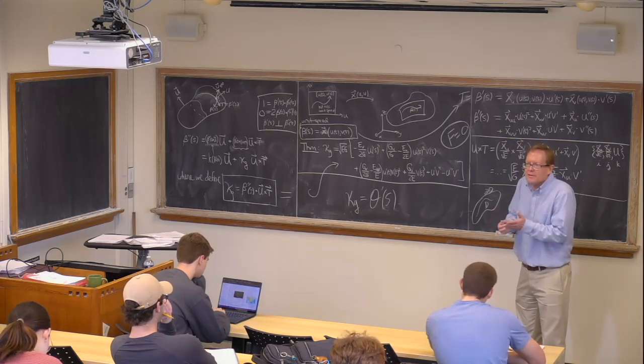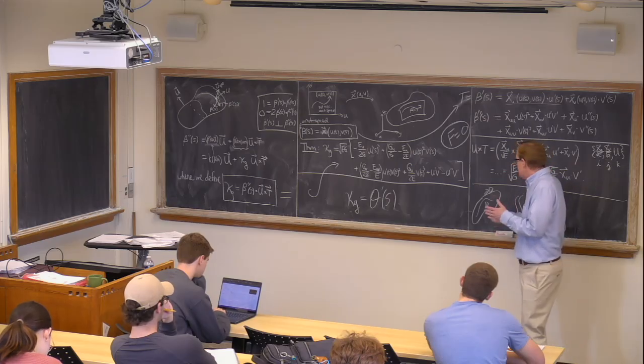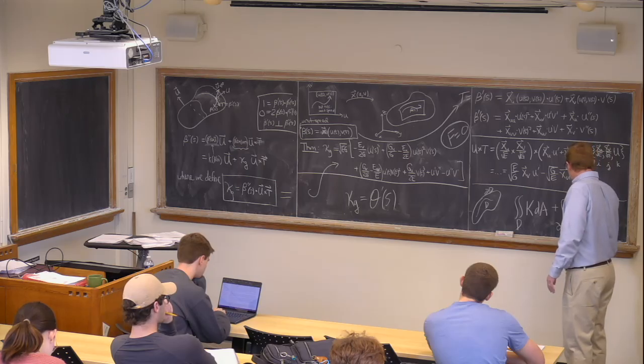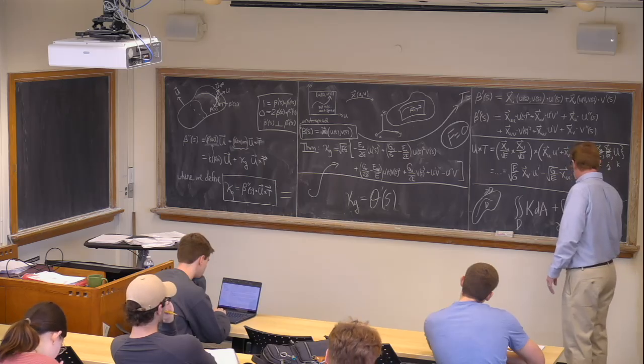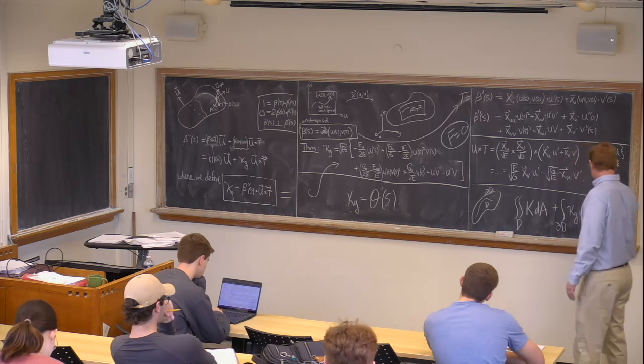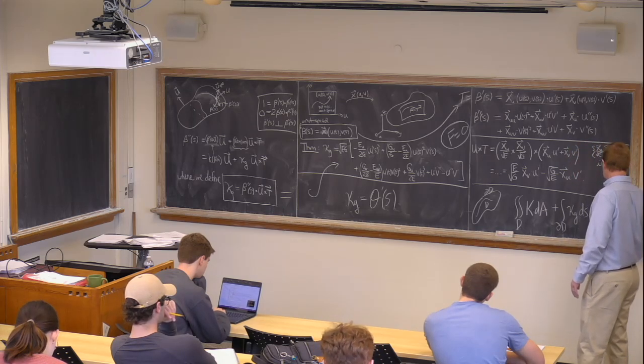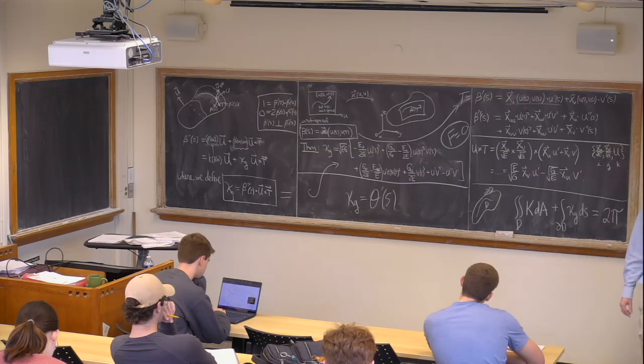How much are you curving to the left as you walk around the boundary? Some places you might even be curving to the right, but not in the picture. And you take the geodesic curvature there, ds. This always equals 2 pi. Right, and that's the Gauss-Bonnet formula.